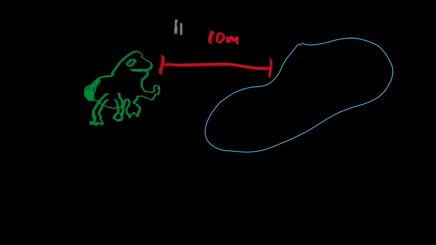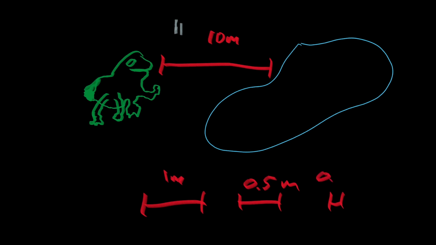So if the frog hops 1 meter in the first hop, then the next hop is going to be half a meter, and this is going to keep halving. So this will be 1/4 of a meter, 0.25 meters. That's what that distance would be.